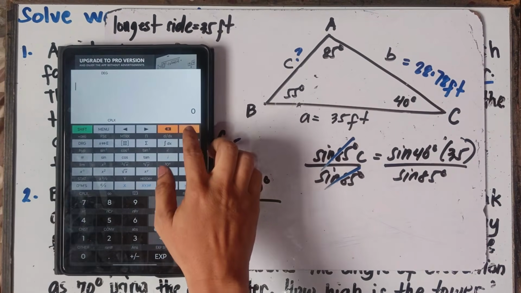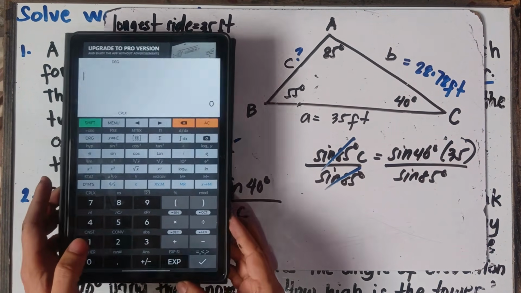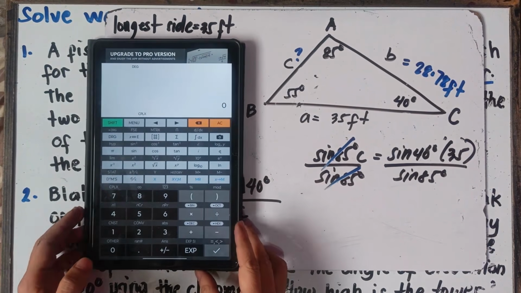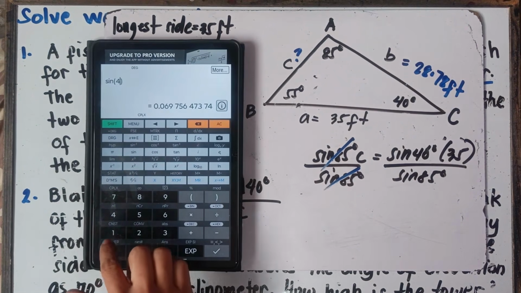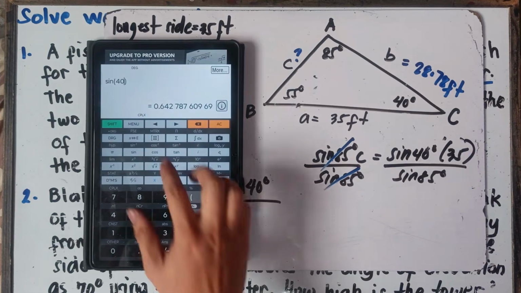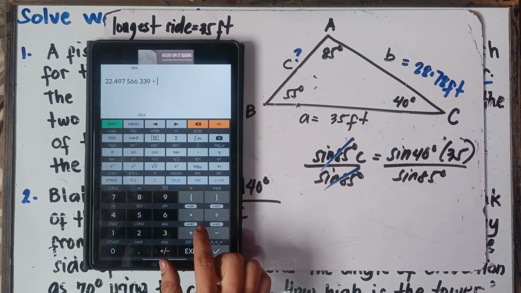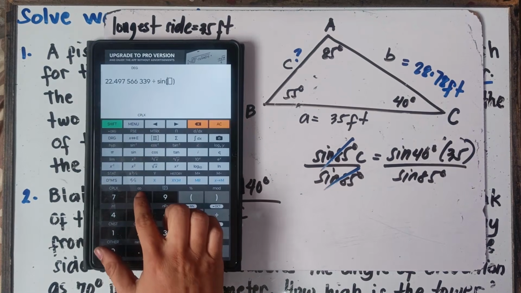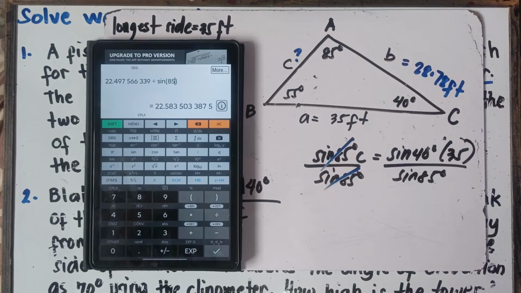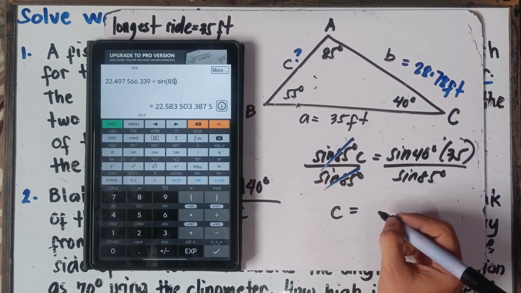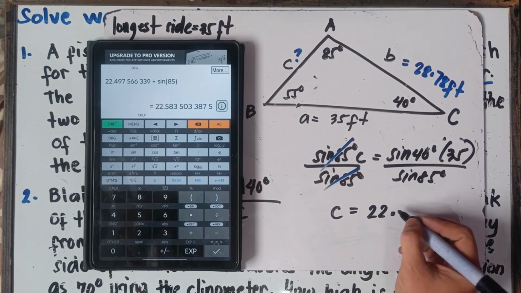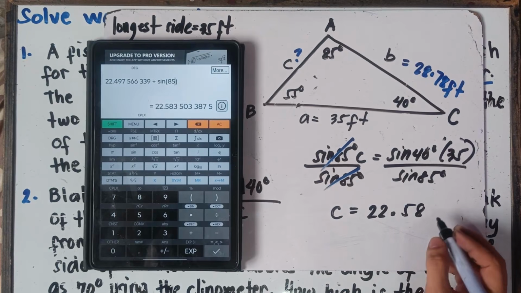Alright, so once again, make sure your calculator is on degree, the letter D on the screen. So sine 40 degrees times 35, divide by sine 85. And the answer, class, C is equal to 22.583.